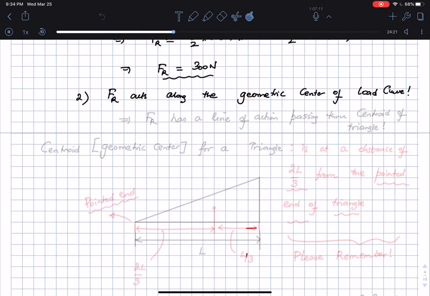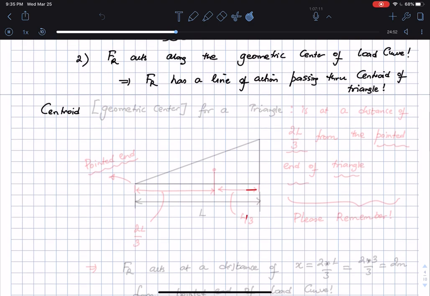But in this case, FR has a line of action passing through the centroid of the triangle. We will look at this later. Centroid or geometric center is the same thing.